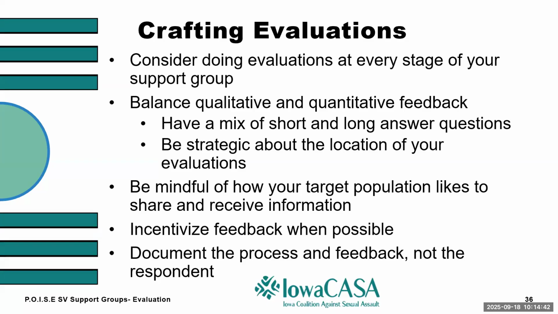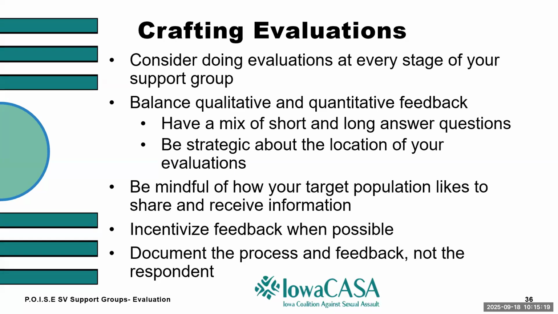This also makes us need to be more strategic about the location of our evaluations. In the past, I've seen people put evaluations on their website, and that can be really helpful if your website receives a lot of traffic. But if you put the evaluation at the bottom of your website or hidden, not on your homepage, or it's never updated, or the link isn't changed to make it look like something new, then it probably won't be as impactful as if you get a lot of interaction when you're doing tabling events.